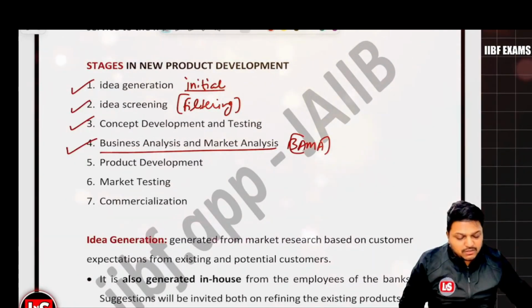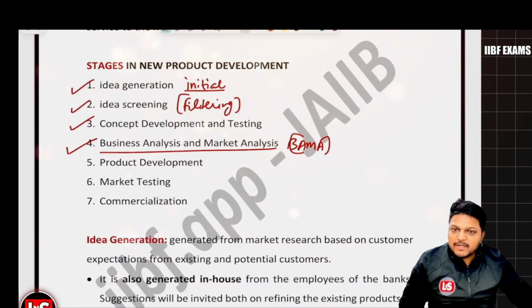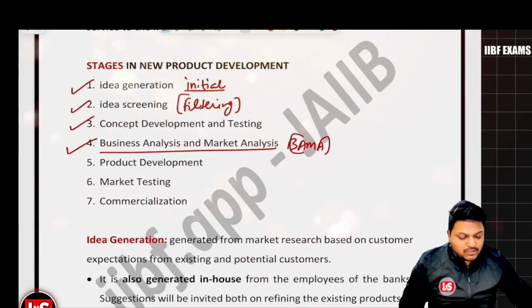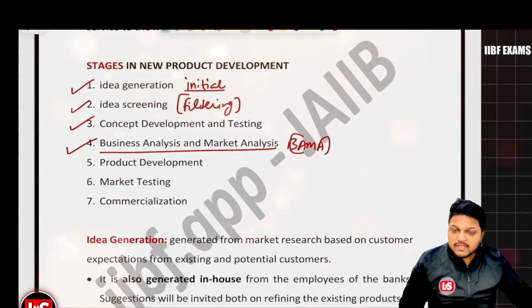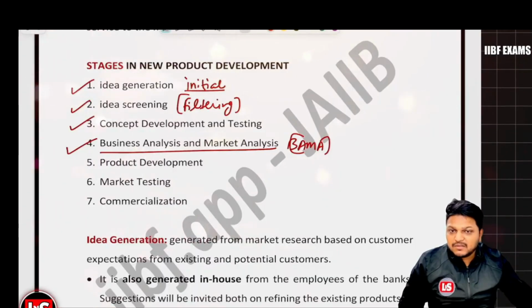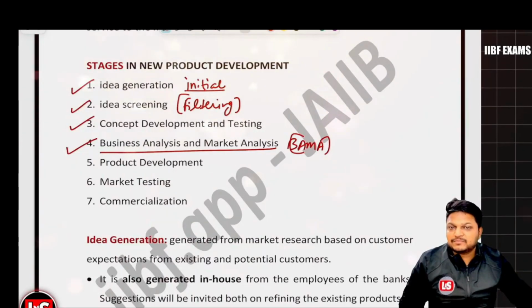We have to look at the pricing strategy. We have to look at what different competitors are available. We can check the expected sales and the projected profitability for us. That's all being checked at BAMA.